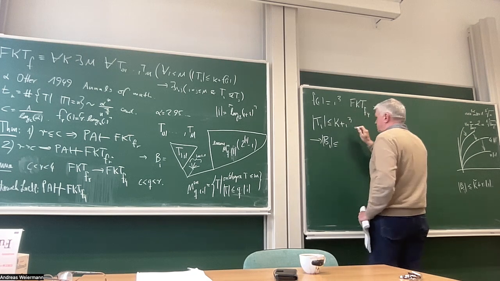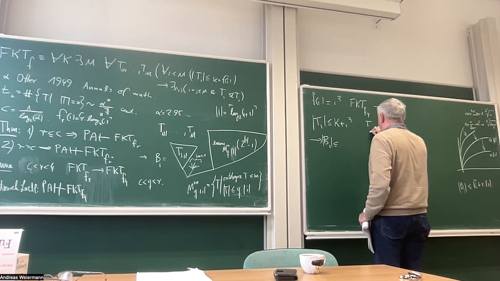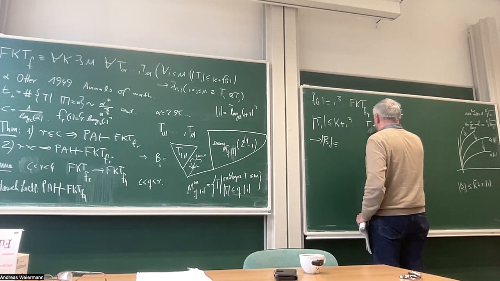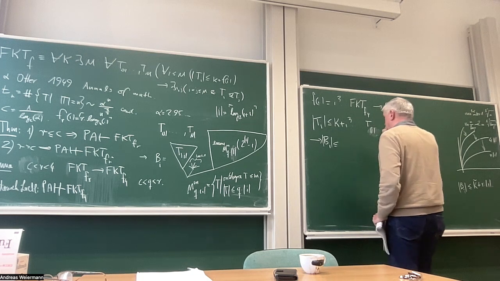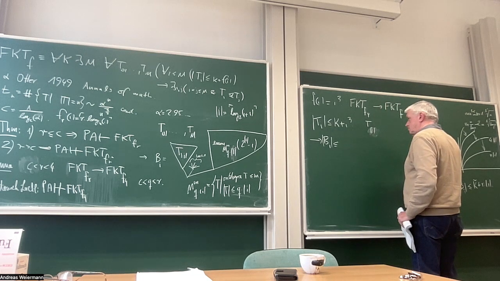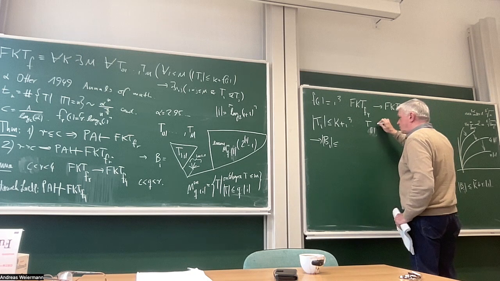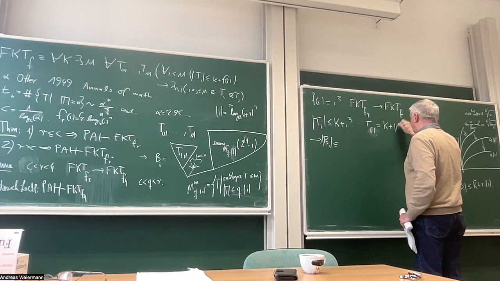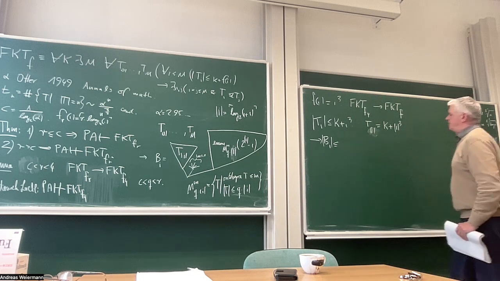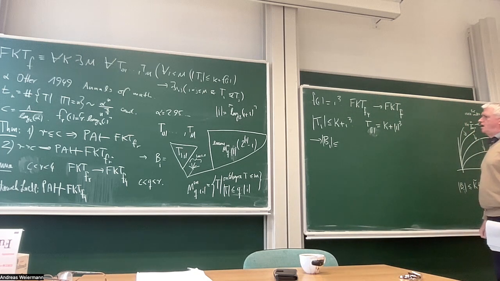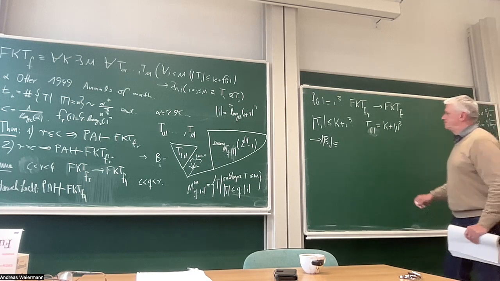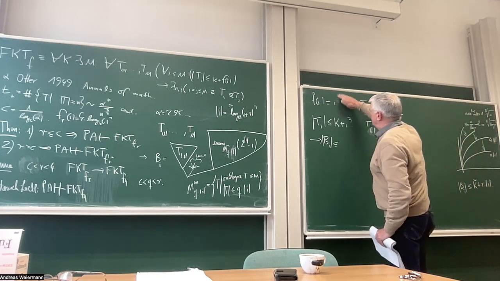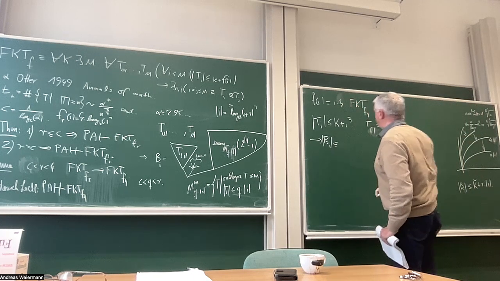So T_i is this one. What is the log of I? Log of I is k plus log of I to the 3. What do I see here? I see a problem. It's not so good. Let us first take this function.